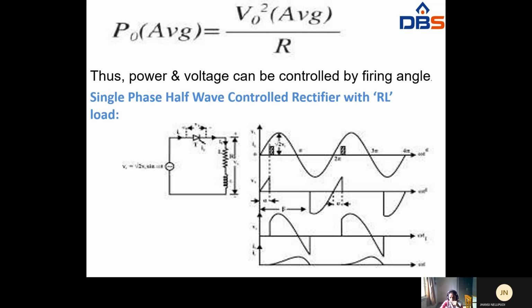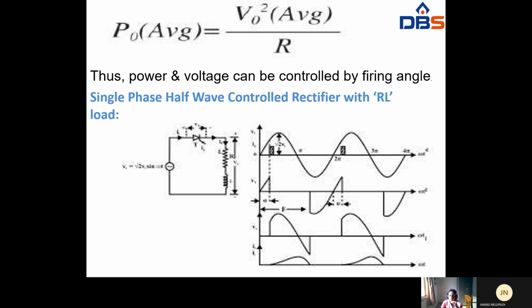Okay, and in reverse bias the load voltage will come to 0, and after completing a cycle of 2 pi, at triggering of alpha, the load voltage will again increase, and it will decrease at 2 pi in reverse, and the SCR will not be turned off when the cycle is 0.